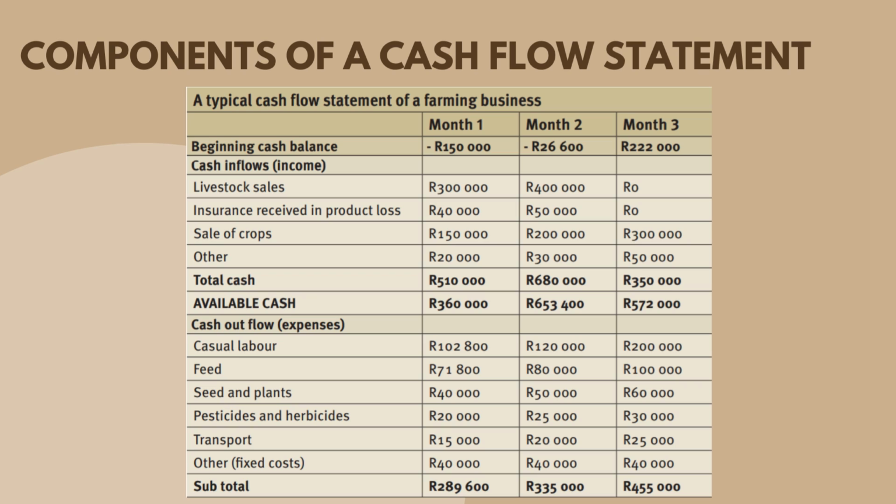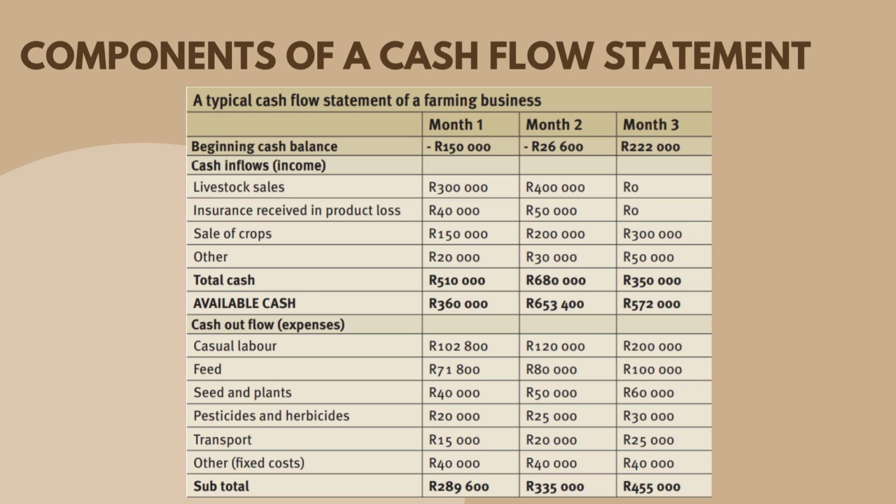Then you need to claim from the insurance. So you need to insure your assets in the farm so that if the unfortunate happens, then you can claim from the insurance. Then you can also make money from the sales of crops. And now you record all these. Now this is income basically.